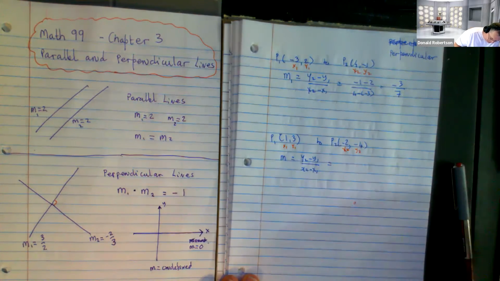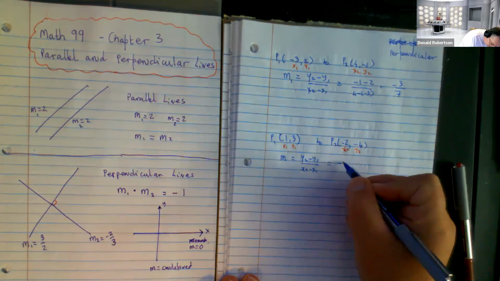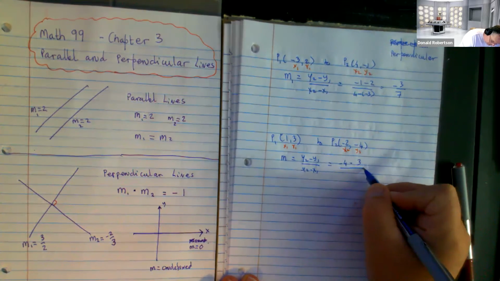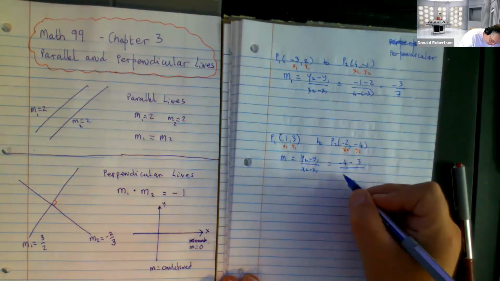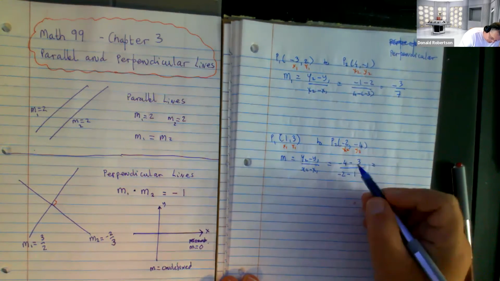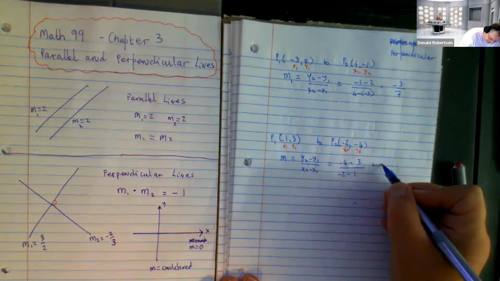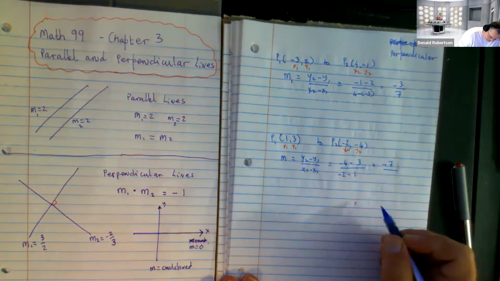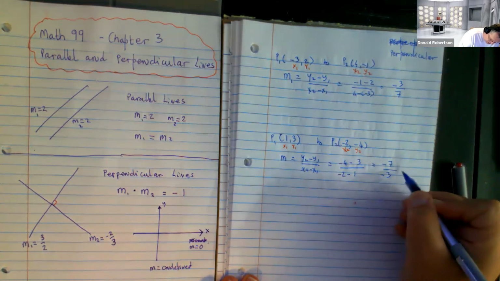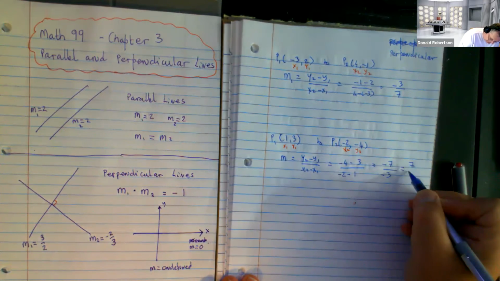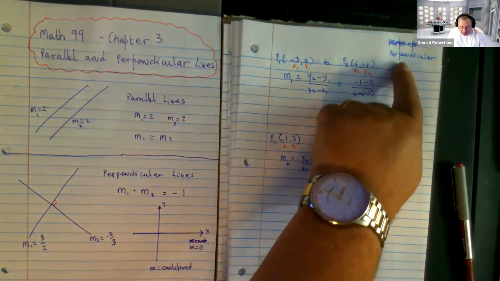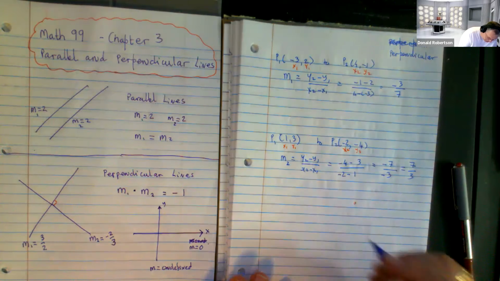Let's see what we've got. -4 subtract 3. -2 subtract 1. -4 take away 3 is -7. And -2 take away 1 is -3. So that ends up being 7/3. We'll call that M2.